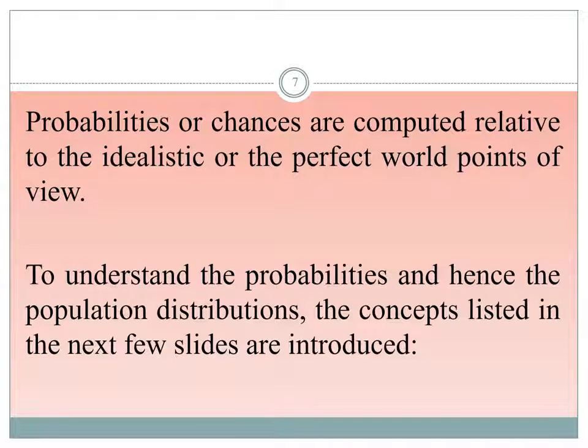To understand the probabilities and hence the population distribution, the concepts listed in the next few slides are introduced. Usually our probability calculations are for the population, so if we provide a probability value for one of the events, it is the probability for the whole population, not the sample, but in some situations we will calculate that probability based on the sample information.